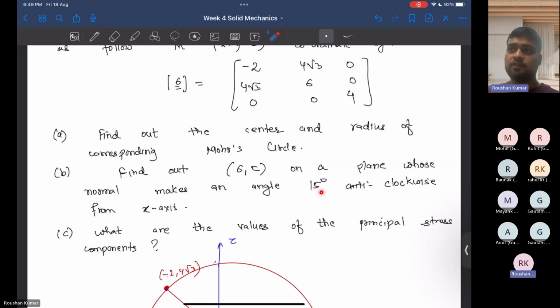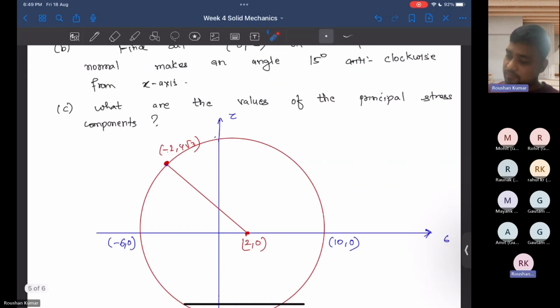So 15 degree anti-clockwise from x-axis physically means that 30 degree clockwise from the x-axis in the Mohr circle. So this is your x-axis, basically this is the x-axis, or we say the x-plane.